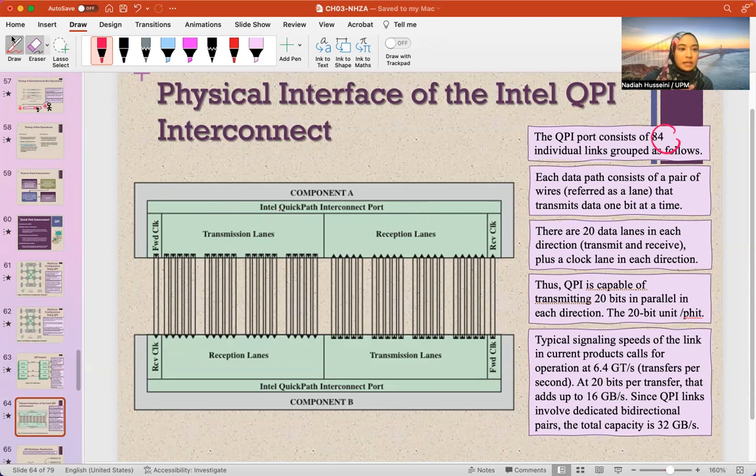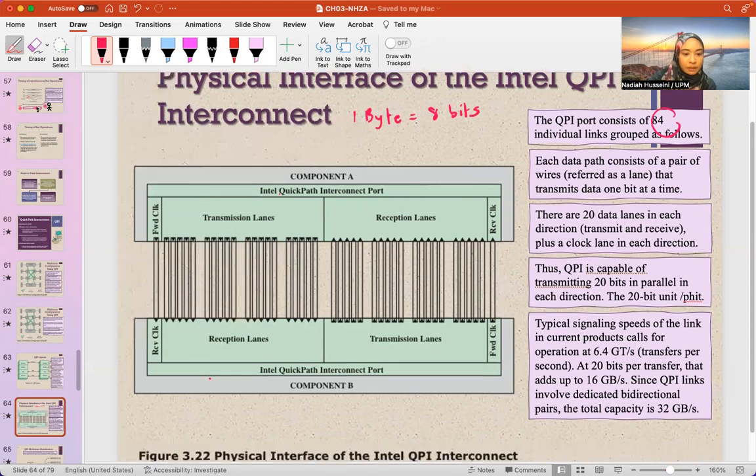So 1 byte is 8 bits, right? 1 byte is 8 bits. So now it's telling us this product in the past, I don't know what the current transfer rate is, is 6.4 gigatransfers per second. So let's do some math over here.